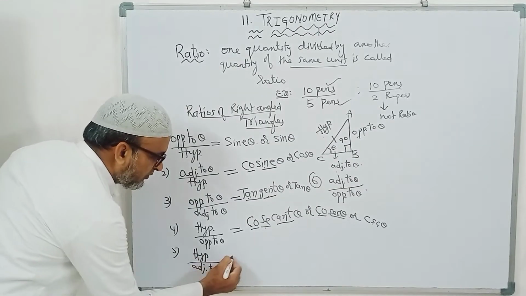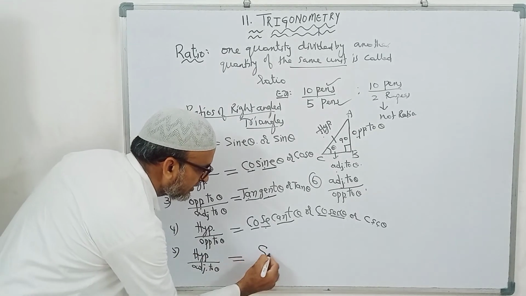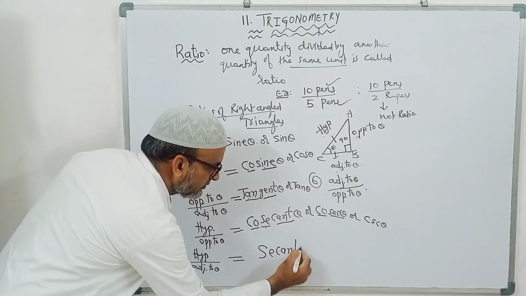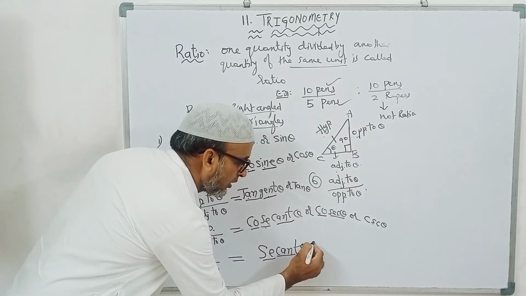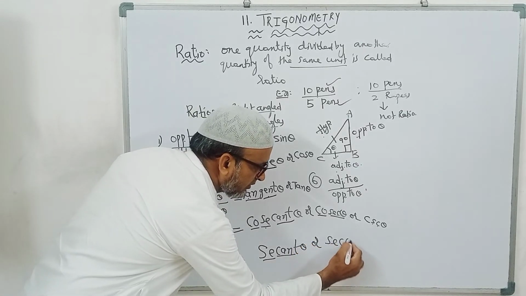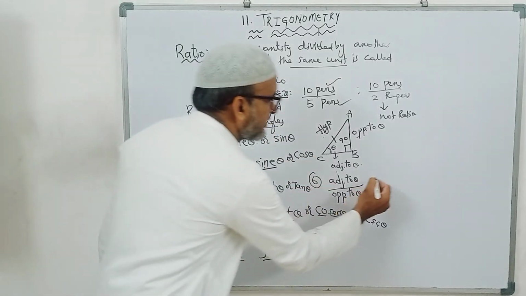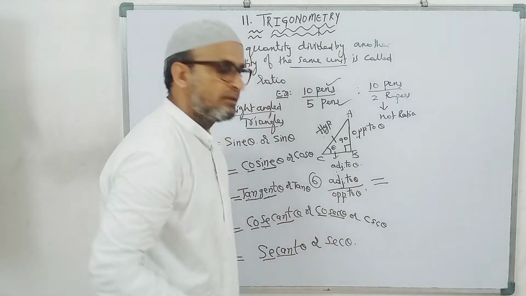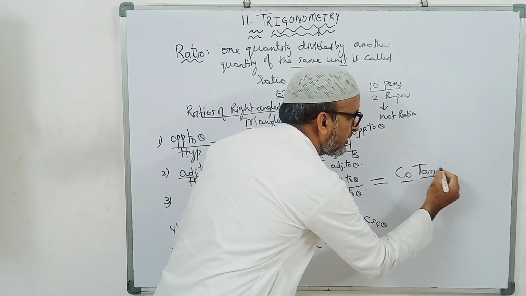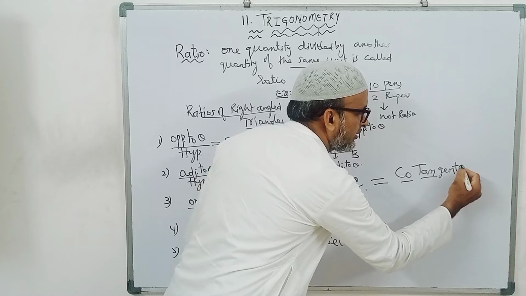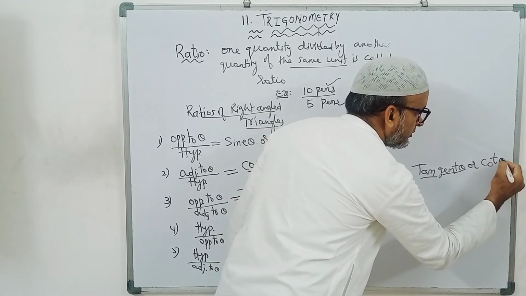If you see this type of ratio, this is called secant. Secant theta, or shortcut sec theta. If you see this type of sixth one, adjacent by opposite, this is known as cotangent theta. Shortcut cot theta.